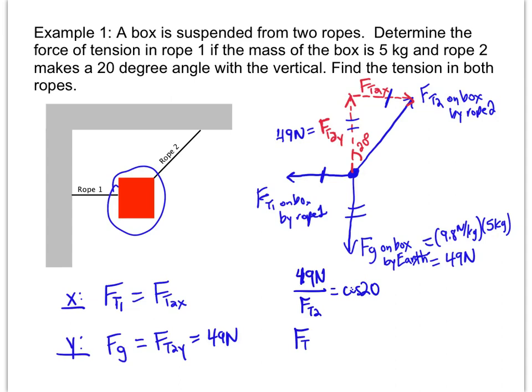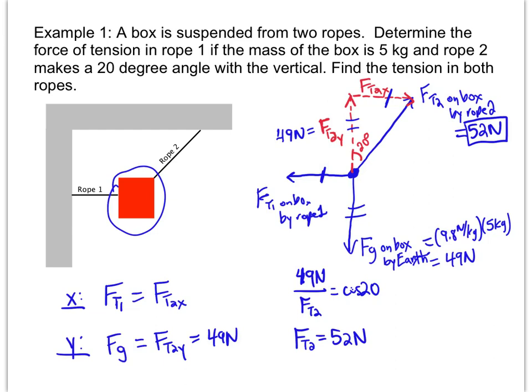Moving things around a little bit, and you can check this by pausing the video on your own, my Ft2 ends up being 52 newtons. So I can write in my force diagram 52 newtons right up here, and we've solved for part of the problem already.